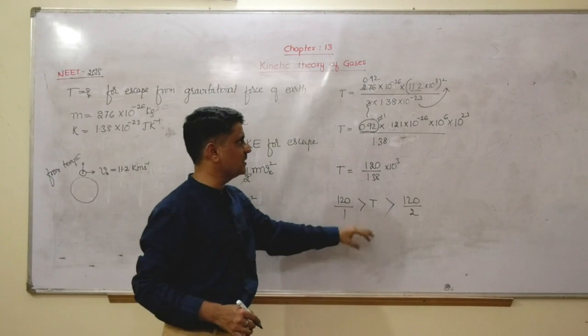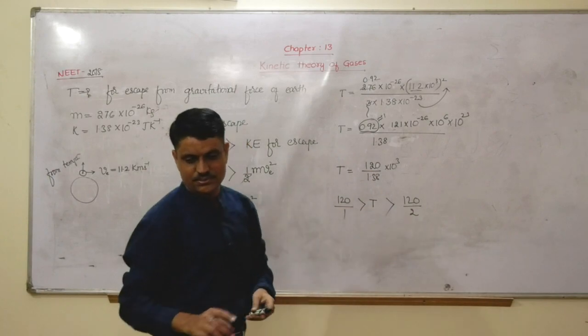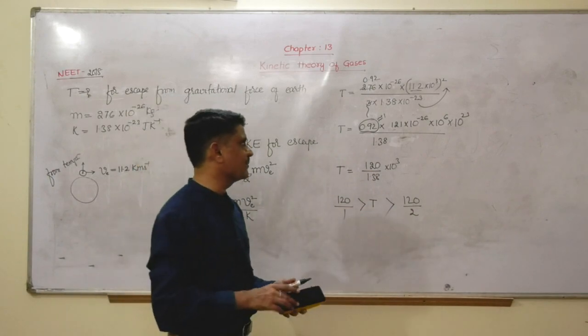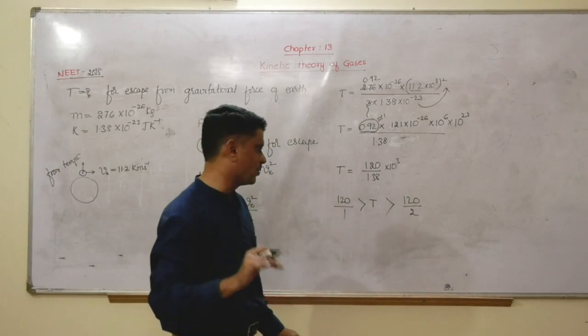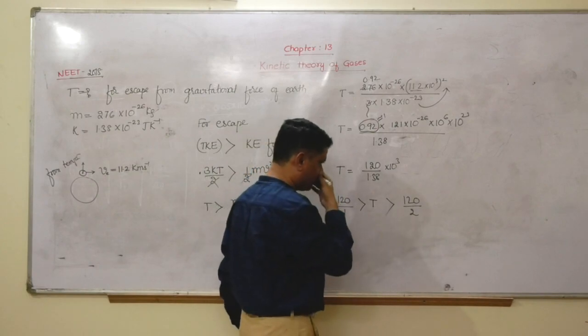Calculation from here onwards is yours, please do it. If I have options, I might have predicted here only, because all the options have 10 to the power 4.